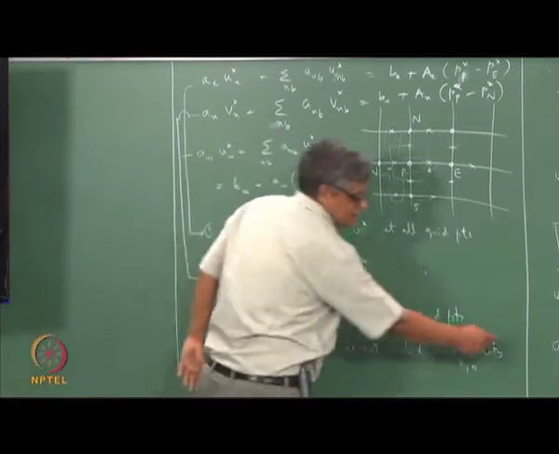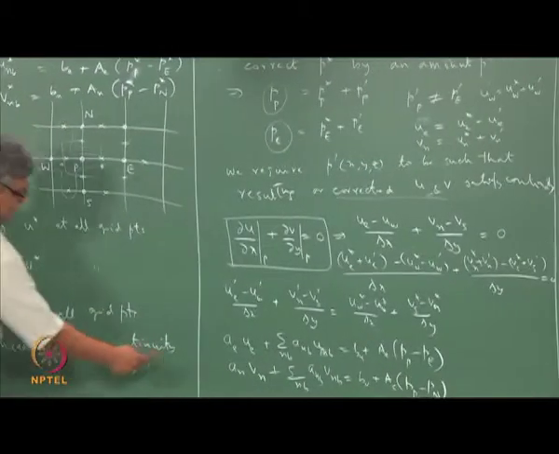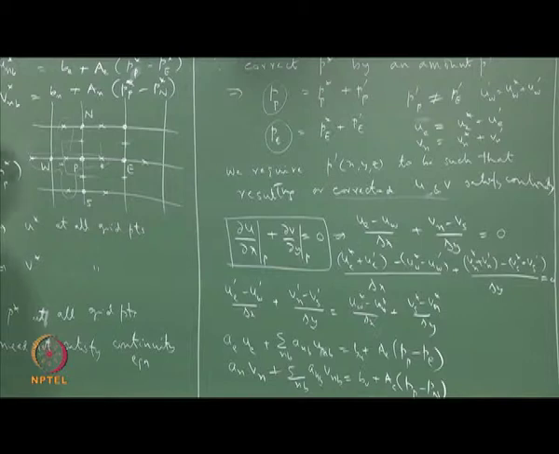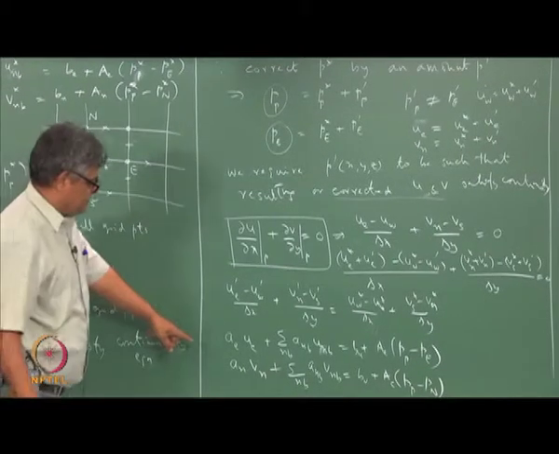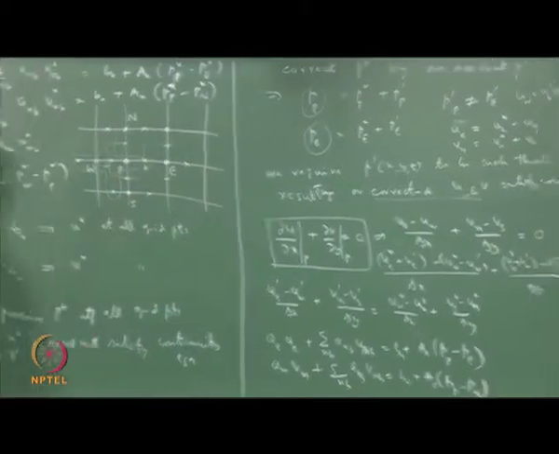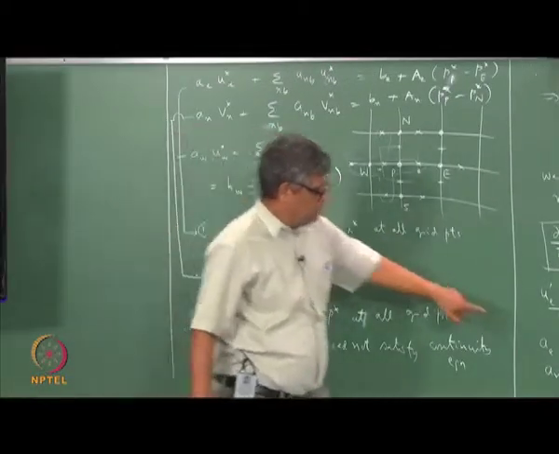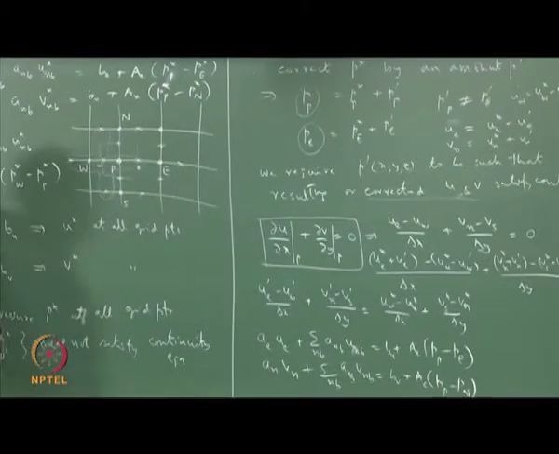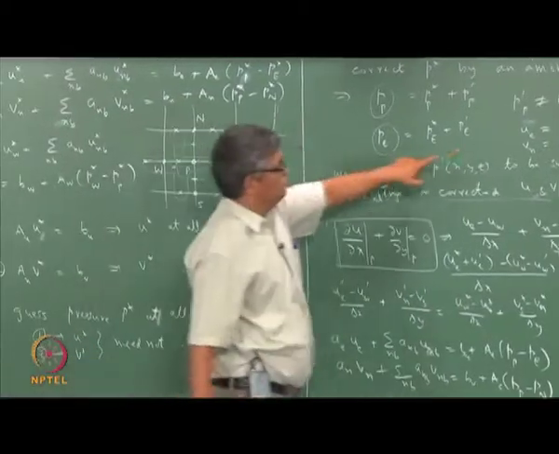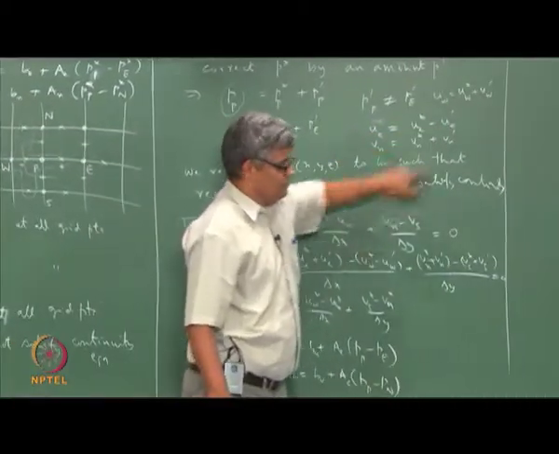So let us subtract this from this, and this from this one. These are linear equations, so that becomes ae times ue minus ue star, and we know that ue minus ue star is ue prime.